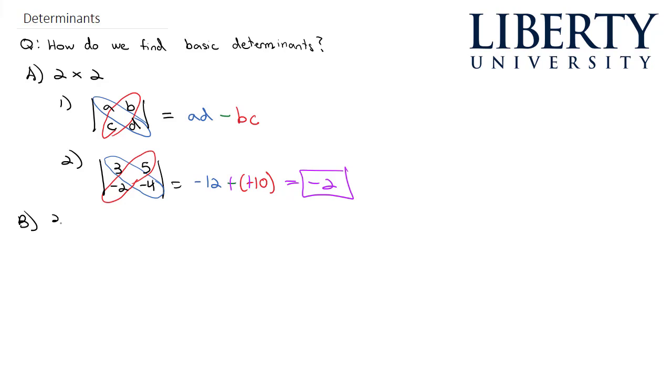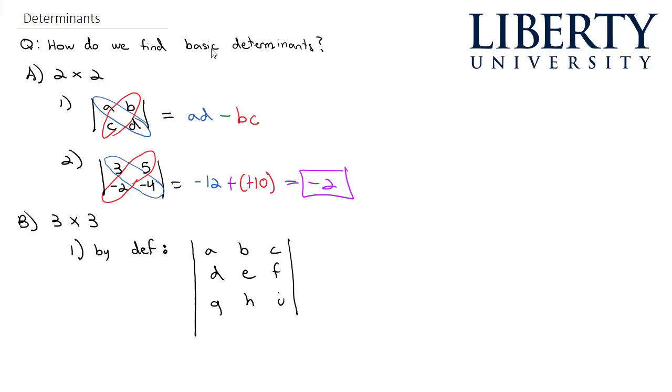We can extend that theory onto a 3 by 3 determinant. By definition, a 3 by 3 determinant is defined in terms of smaller determinants. We've got 3 rows and 3 columns now, so we'll say A, B, C, D, E, F, G, H, I. The way we calculate a 3 by 3 determinant by definition is we're going to work across the first row, starting with A, although you can really do any row or even any column.